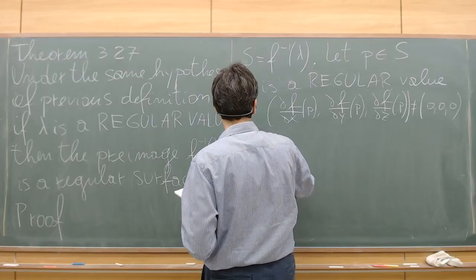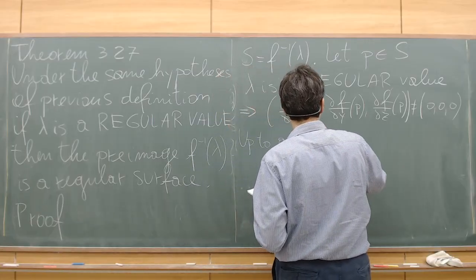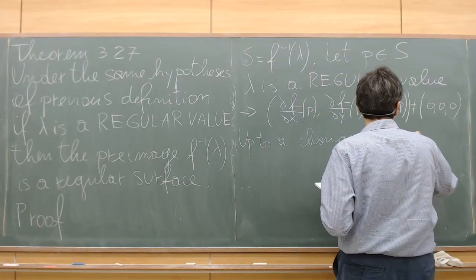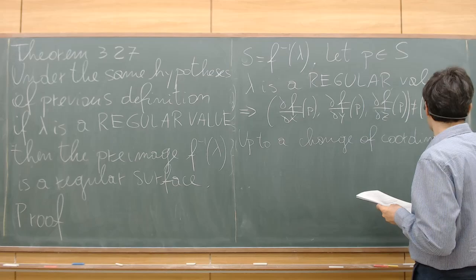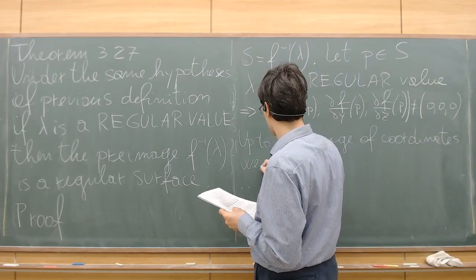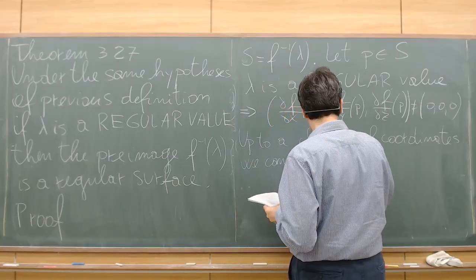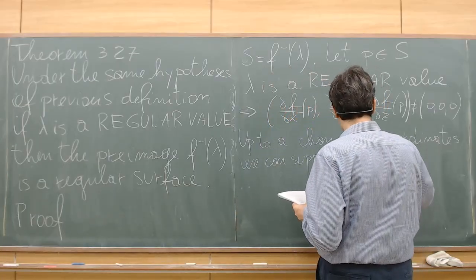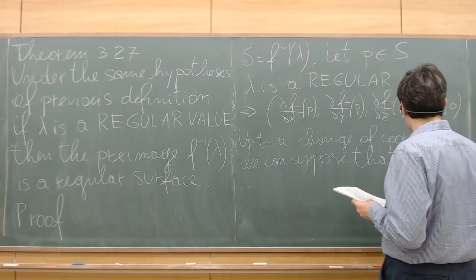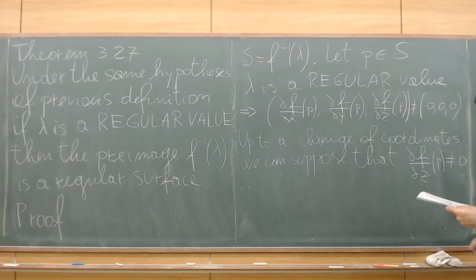Up to a change of coordinates, we can assume that, for example, df/dz at P is non-zero.